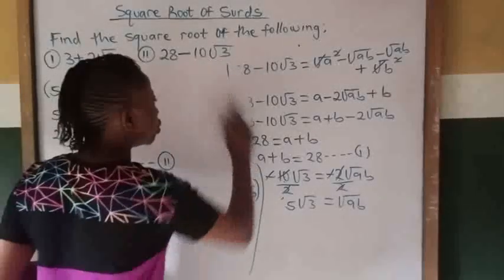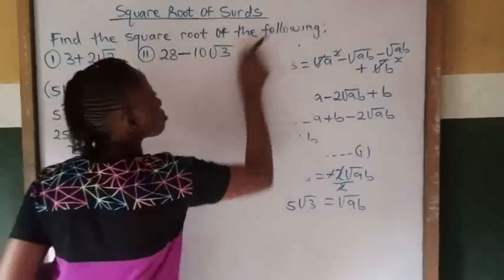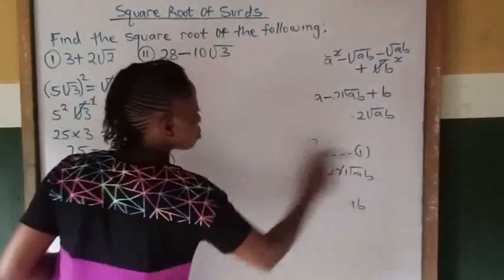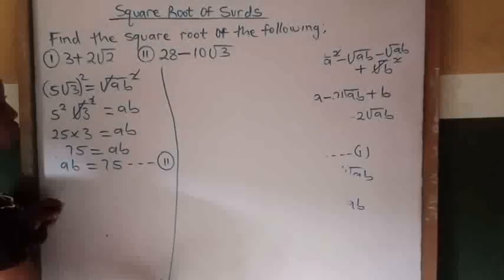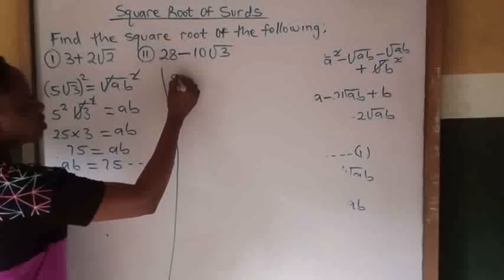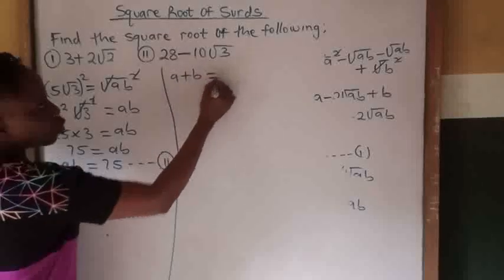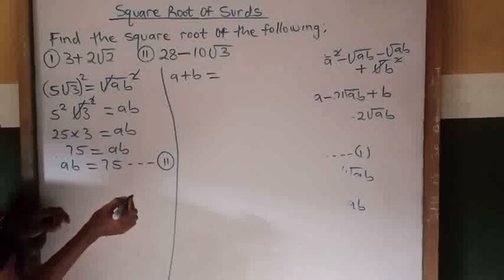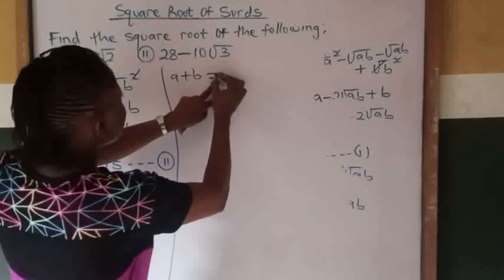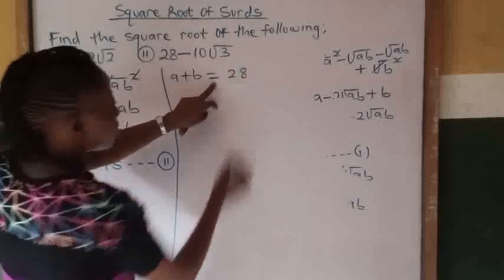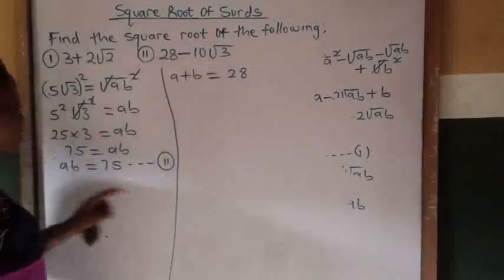So let's look for the unknown terms. Our equation 1 is a plus b equal to 28.